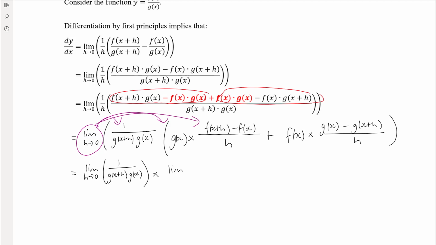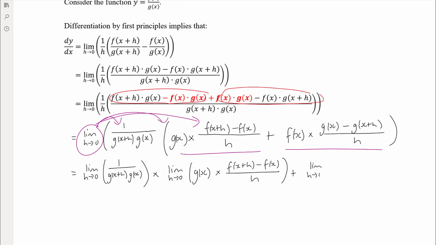I'm going to break this bracket up into two separate sections. So we're going to have the limit as h approaches 0 of g of x times f of x plus h minus f of x over h, plus the limit as h approaches 0. Now be careful because all of this needs to be multiplied by this bit out the front here.